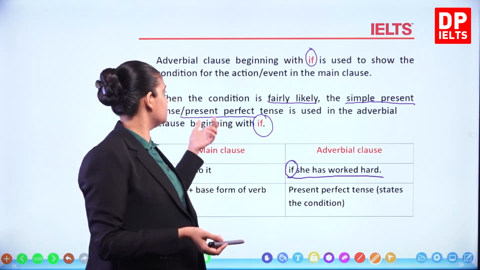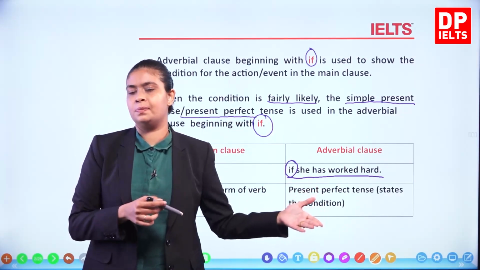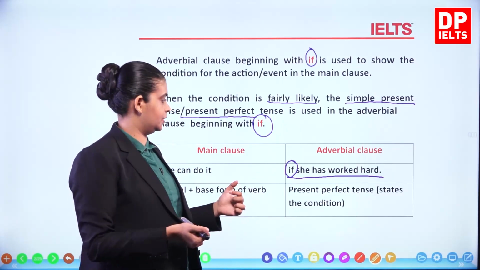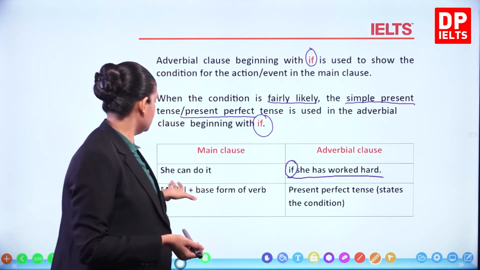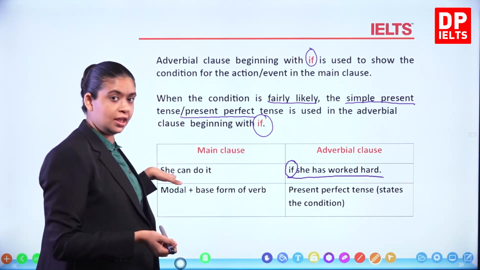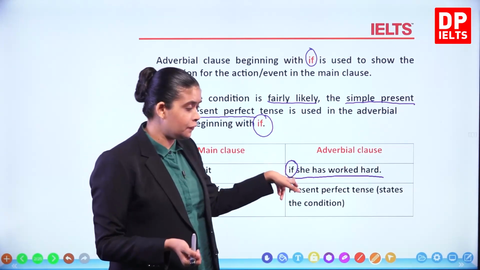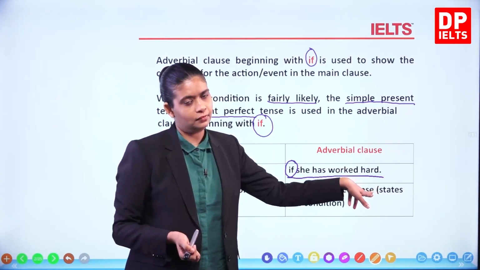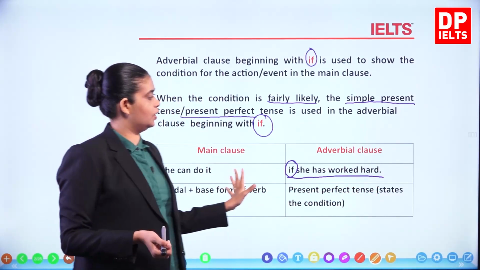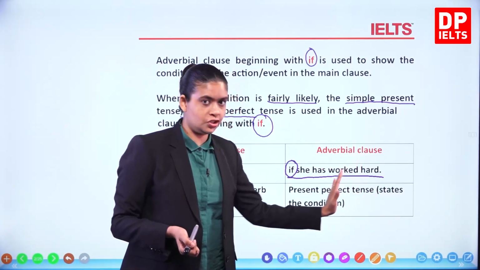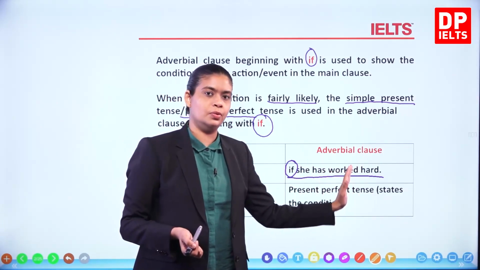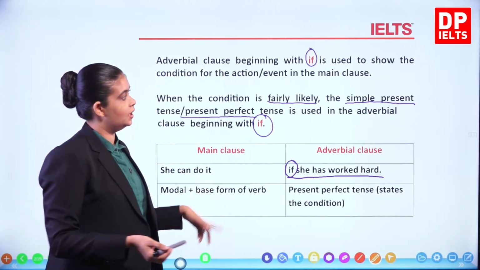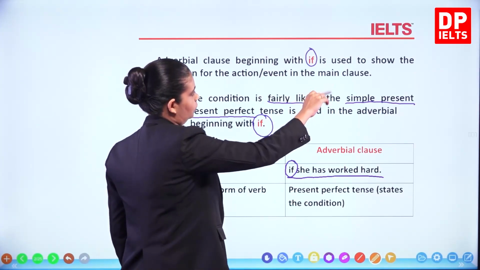If it is present perfect, has plus the past participle or have plus the past participle. So this one here, she can do it if she has worked hard, right? So if the condition of working hard will be completed, then of course she can do it. That is what it tells you.